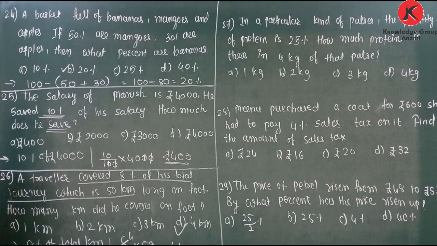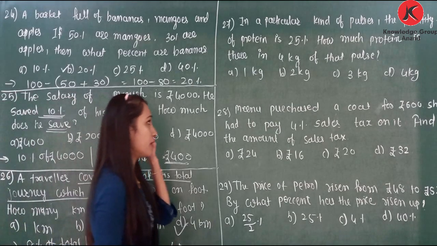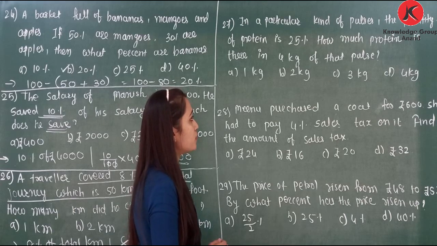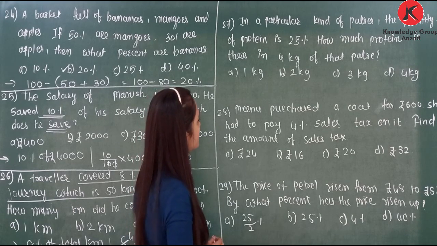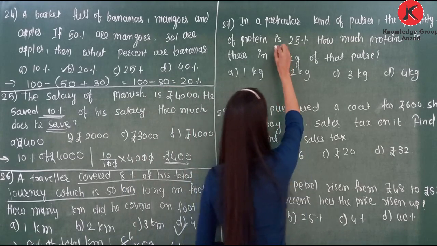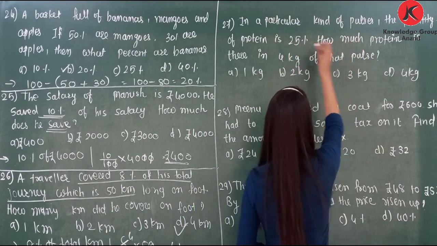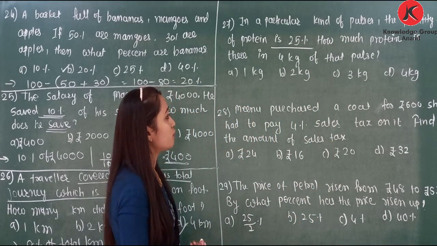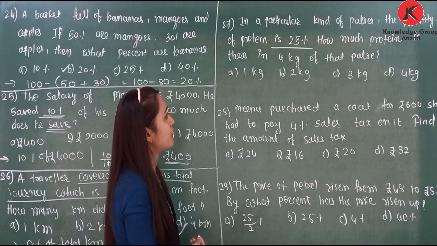Clear? Now next one. In a particular kind of pulse, the quantity of protein is 25%. How much protein is there in 4 kg of pulse? So in a particular kind of pulse, there is 25% of protein. We need to find how much protein will be there in 4 kg.